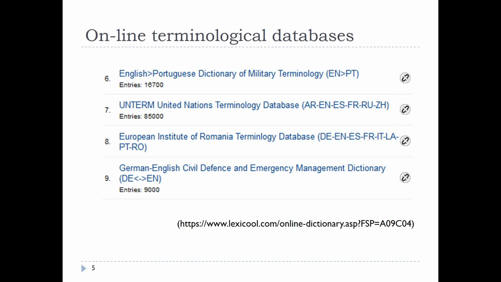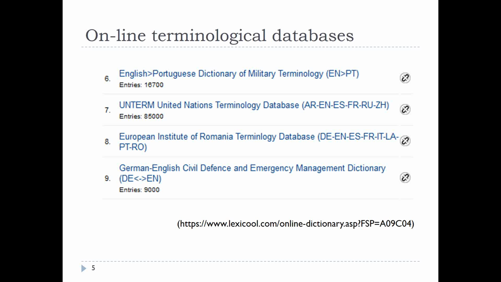So here's a screenshot of an online list of terminological databases, just to give you an idea of the amount of terminology that exists in different technical areas. The first one, it's a dictionary of military terminology. It has over 16,000 entries. Then the UN terminology database, as one would expect, that's quite big, and includes 85,000 terms.